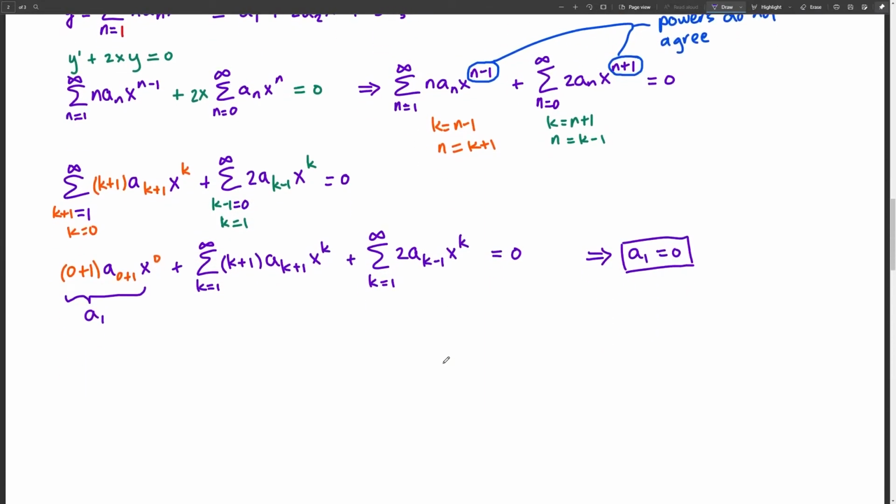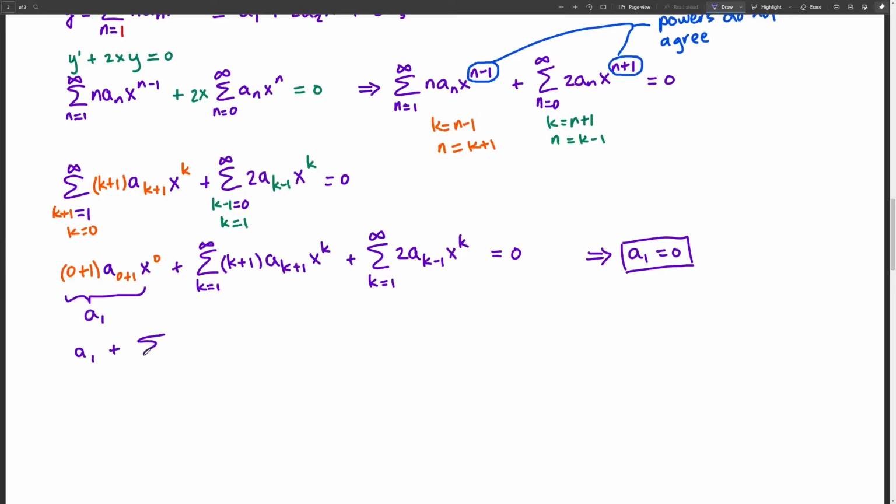Okay, now let's compare these two, and we can combine these two now because they both have an x to the power k and they both start at the same point.